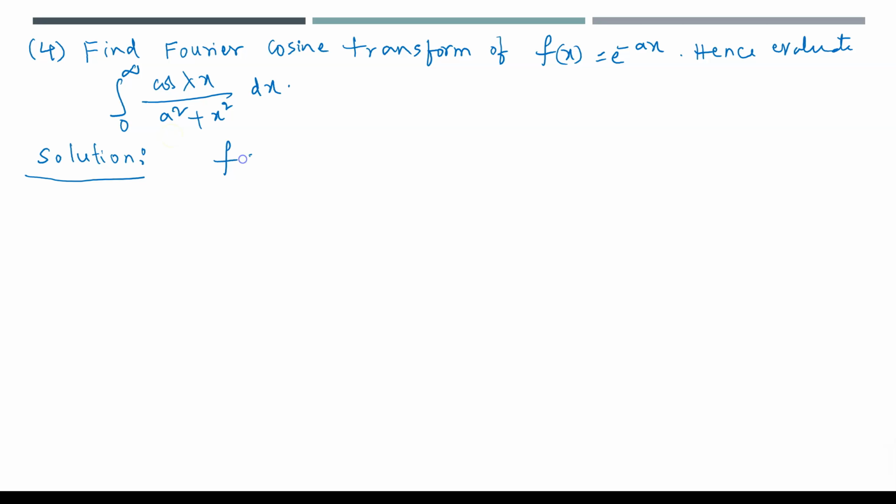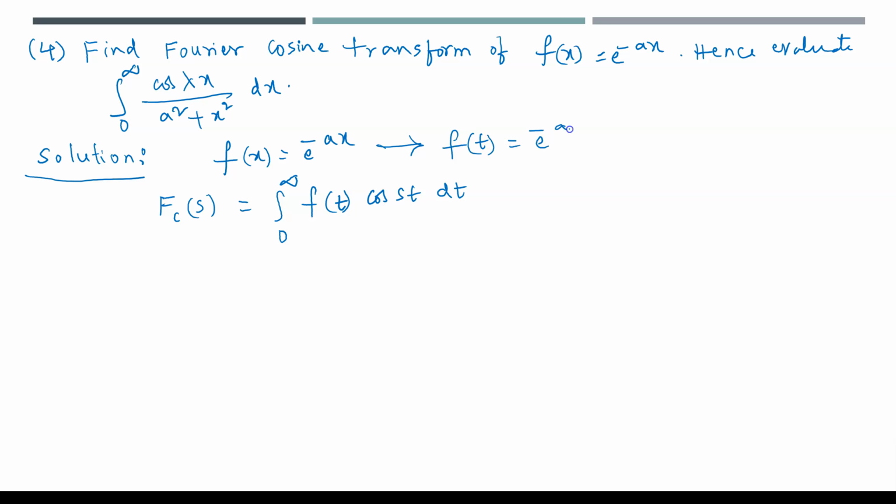Now here the given function is f(x) equal to e power minus ax. The Fourier cosine transform is Fc of s equal to integral 0 to infinity f(x) cos sx dx. Or you can consider this function in terms of t also. If you consider in terms of t, this is f of t cos st dt. Now f of t equals e power minus at.